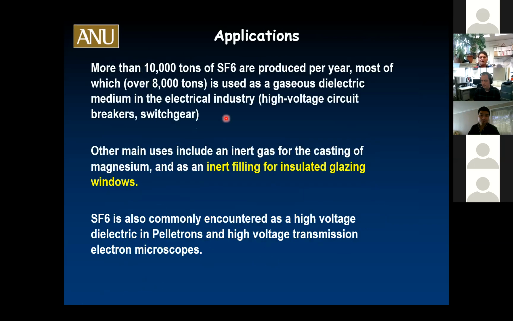So what are the applications? About 10,000 tons are produced each year. Over 8,000 tons are used as a dielectric medium in the electrical industry, high voltage breakers, etc. Other uses are as an inert gas for casting magnesium and as an inert filling for insulated glazing windows, though probably it's already banned from these applications. It's also commonly encountered as a high voltage dielectric in our beautiful Pelletron accelerators.